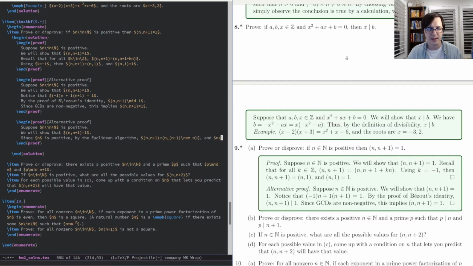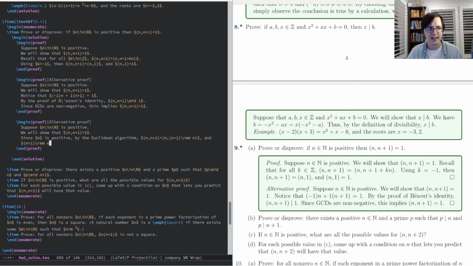And n plus 1 mod n is equal to 1. Because we can subtract n from it to get 1, and if we subtract more than that, we get a negative number. Oh wait, what if n is 1? Well, that's a little annoying. So, well, anyway. Yeah, no, okay, let's do the two cases.